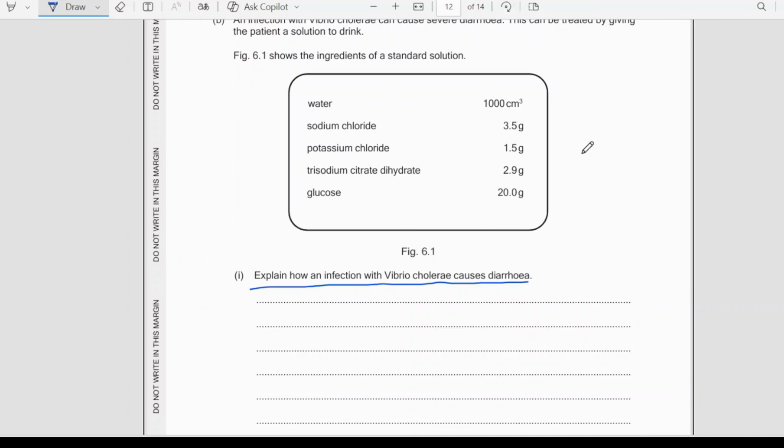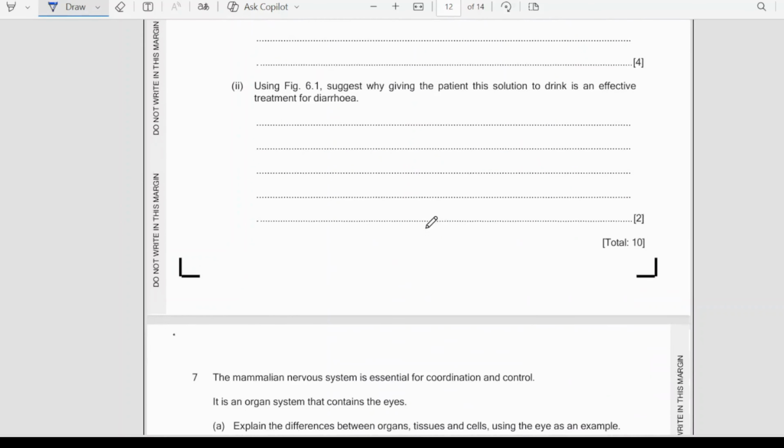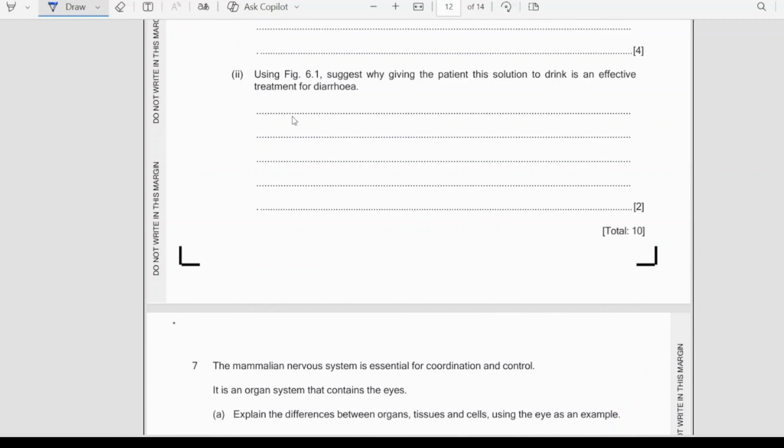Replace the chloride ions specifically, and rehydration. Replace water and minerals, or you can say it is used for rehydration. So it is basically oral rehydration solution, ORS.